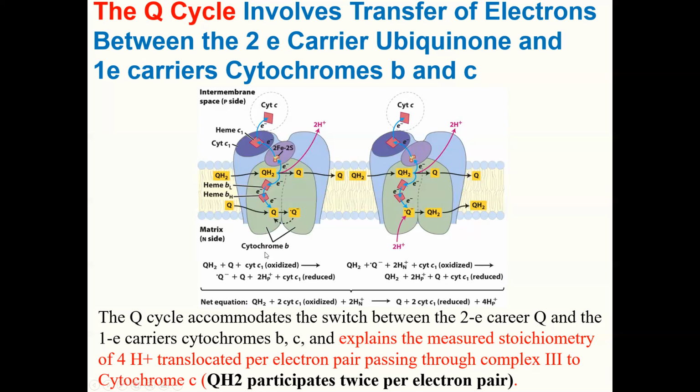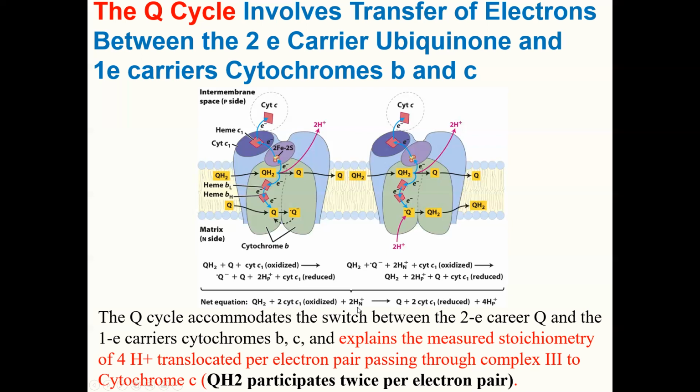So if you actually did both of those reactions and wrote them together and canceled things that can be canceled, your net equation is shown here at the bottom, where you take a molecule of QH2, 2 electrons, 1 electron pair, and you transfer those electron pairs to two molecules of cytochrome C1 that are in the oxidized form.